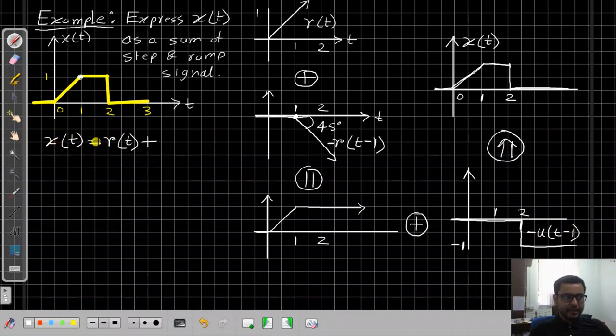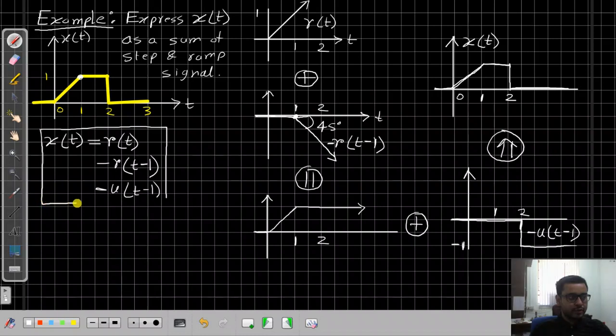Therefore, I can write x(t) as r(t) plus minus r(t minus 1), which is this signal, and then this one, which is again minus u(t minus 1). So this is the answer. And this way you can express any piecewise linear signal as a sum of ramp and step signals.